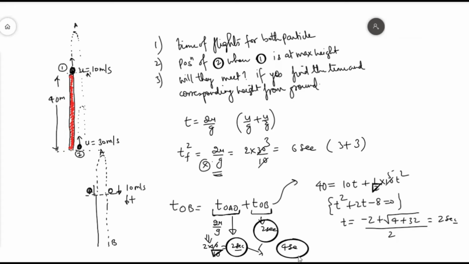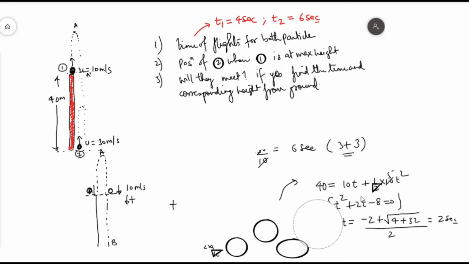So the time of flight for particle 1 is 4 seconds, and for particle 2 it was already 6 seconds. Now there is one more important thing that I need to mention.